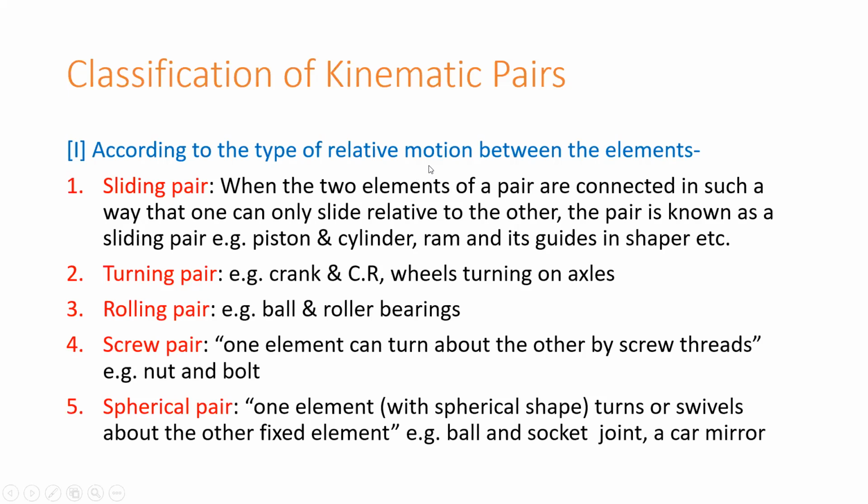So we have seen based on the relative motion, what kind of motion is taking place between the two kinematic links which are in contact with each other. Based on that, we classified them as sliding pair, turning pair, rolling pair, screw pair, and spherical pair.